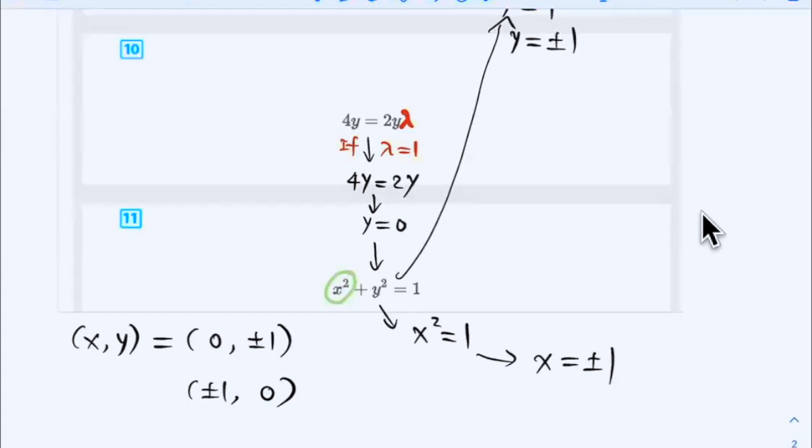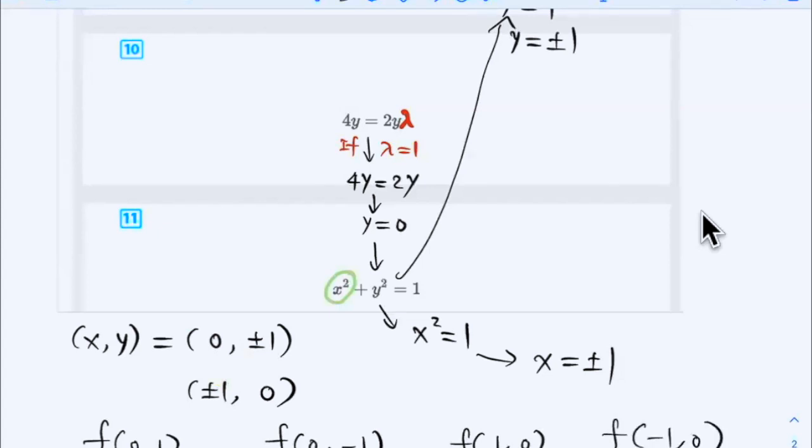Then what do we do? What's the second step when you use Lagrange multiplier? You're going to evaluate the function value, the function f, at all those points x, y. So you can find f of 0, 1, f of 0, negative 1, f of 1, 0, f of negative 1, 0.